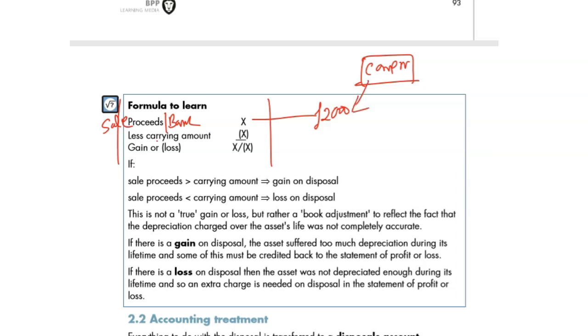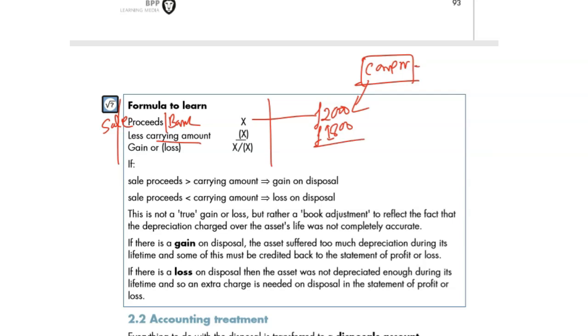Now the carrying amount. Carrying amount means what is the value now? Carrying amount is cost minus provision for depreciation, or accumulated depreciation. Let's assume the carrying amount of our non-current asset was 1800, the worth of the asset.